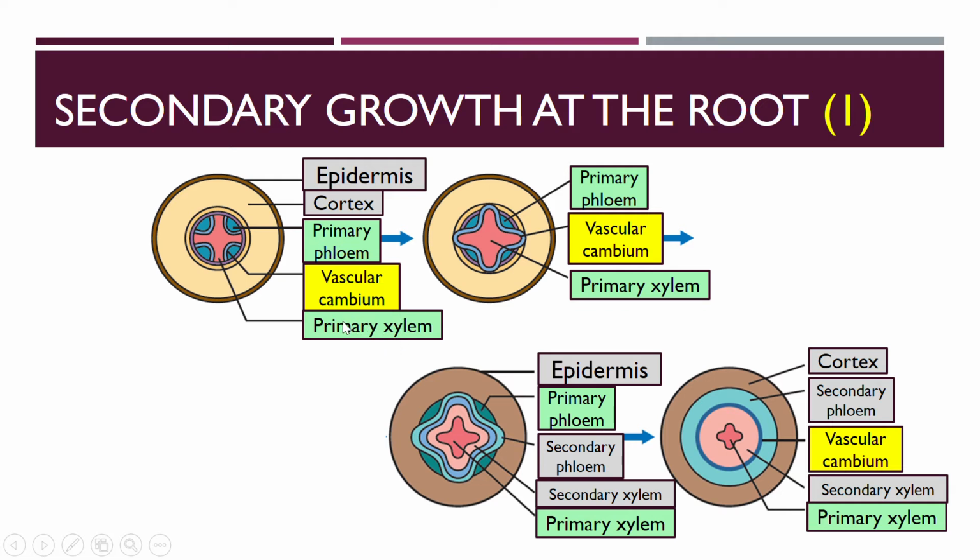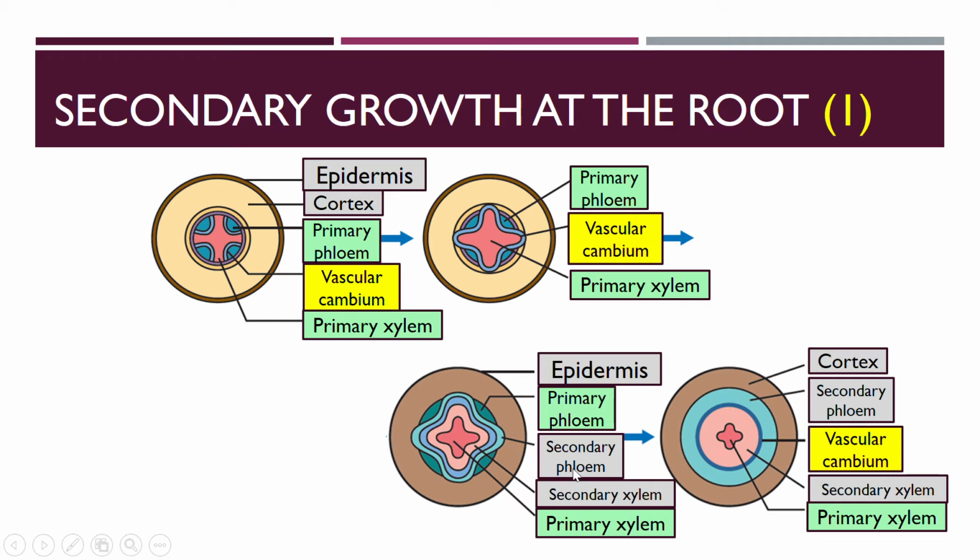So let's identify where is the location of vascular cambium. Vascular cambium, dekat sini. Yang biru muda ini. So what can you see is that this is vascular cambium. You have primary xylem, primary phloem. Kemudian what happened?